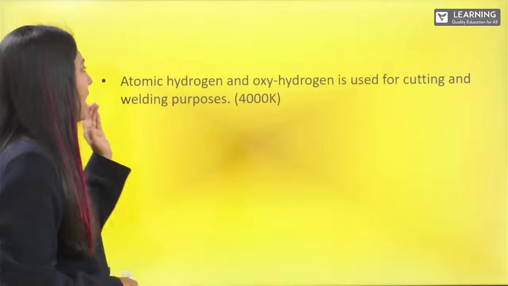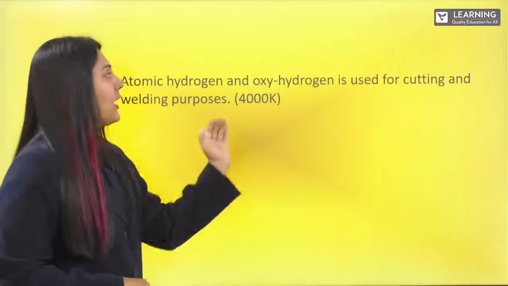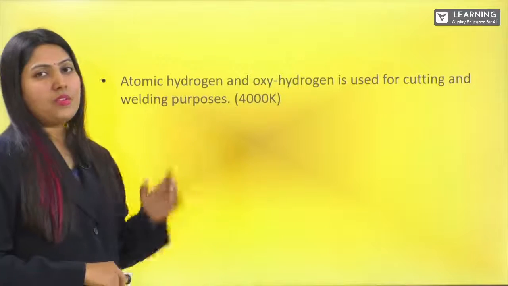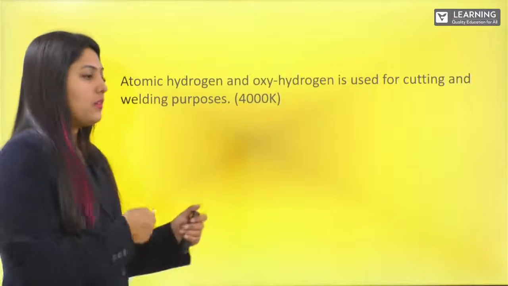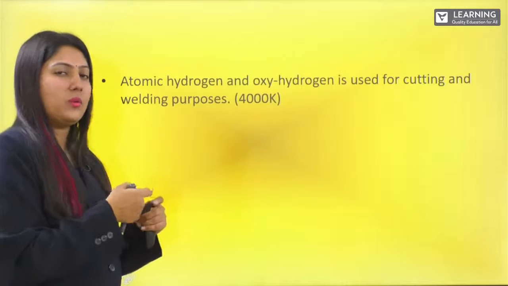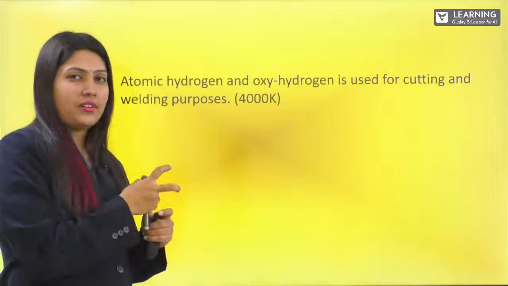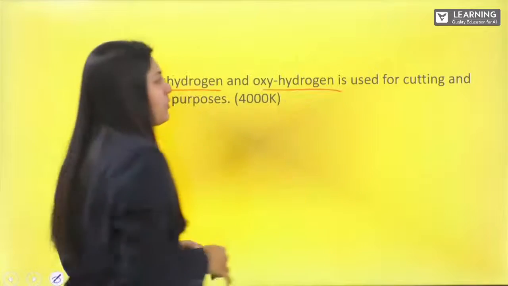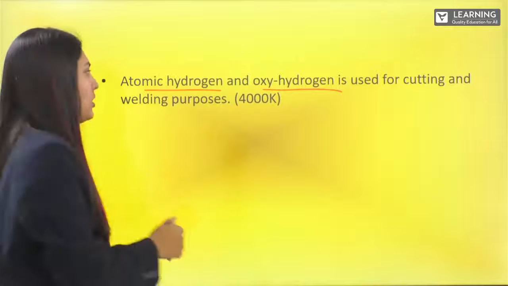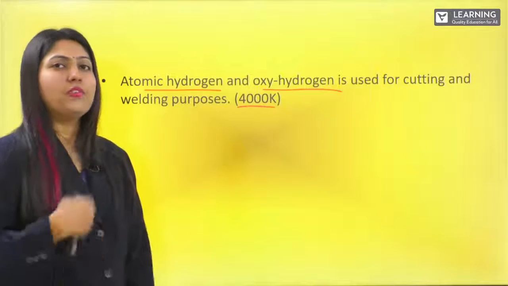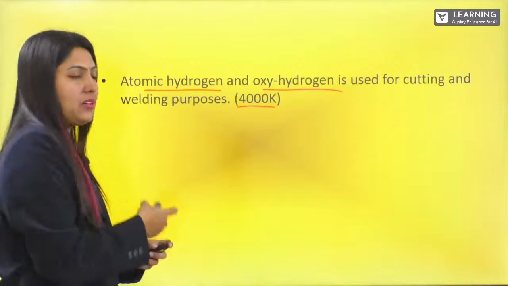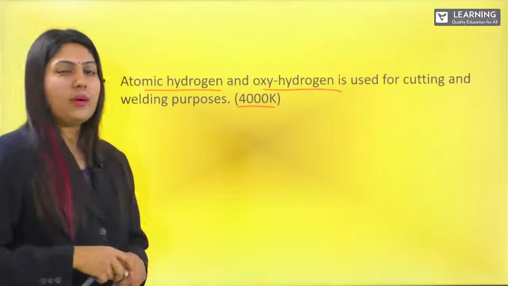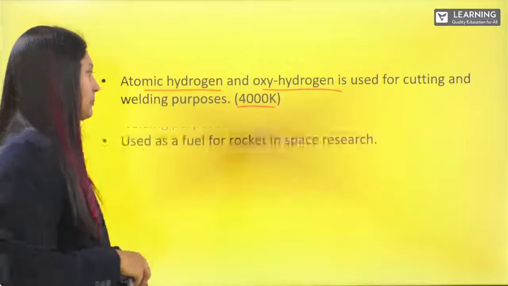Next one is that atomic hydrogen and oxyhydrogen are used for cutting and welding purposes. You can see the person who is welding will be having that sharp fire, right? That gives a higher temperature, around 4000 Kelvin, for welding purposes. So that high temperature can be easily produced by hydrogen.